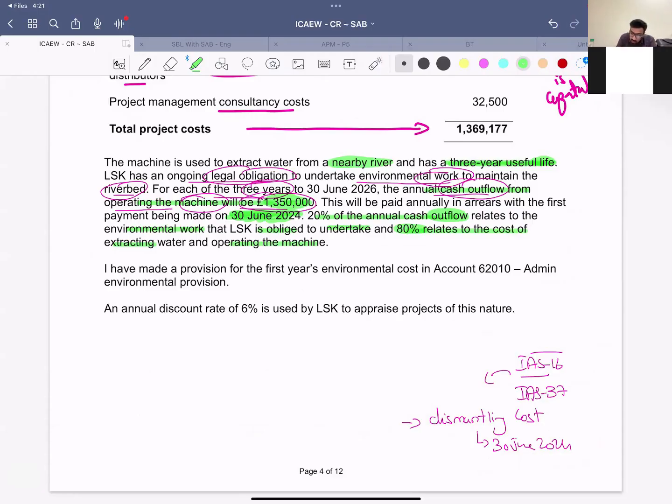So I have made the provision for the first year environmental cost, and the annual discount rate is 6% by LSK.